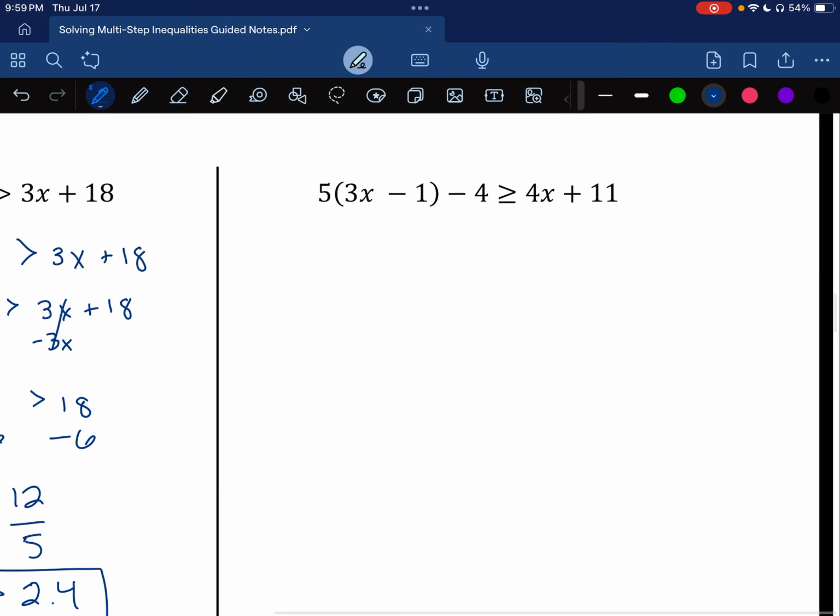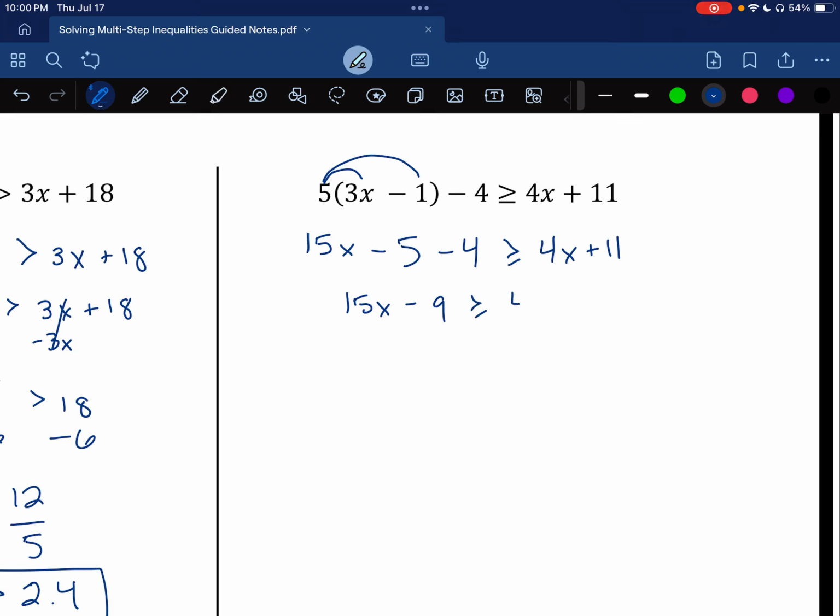Okie dokie. So we've got distributing again. 15x minus 5 minus 4 greater than or equal to 4x plus 11. All right, so this is going to be 15x minus 9 is greater than or equal to 4x plus 11.